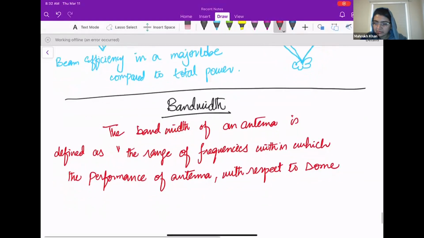So these characteristics, as I have mentioned, could be pattern, could be radiation pattern, anything.